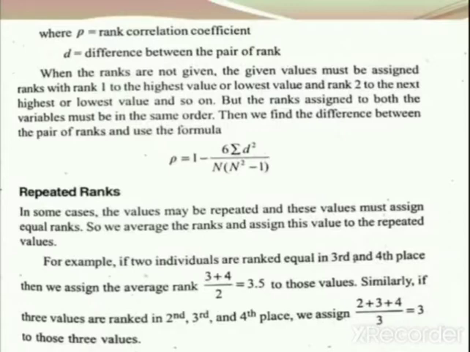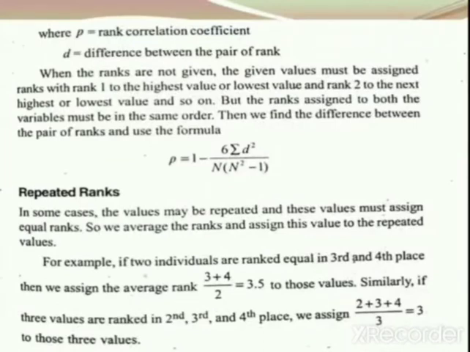We can take the first highest value as 1, or you can take the first lowest value as 1 and the second lowest value as 2, like that. Here also we have to find the D value by using rank 1 minus rank 2, the difference between the two ranks, and the same formula is used here also. Rho is equal to 1 minus 6 summation D square divided by n of n square minus 1.